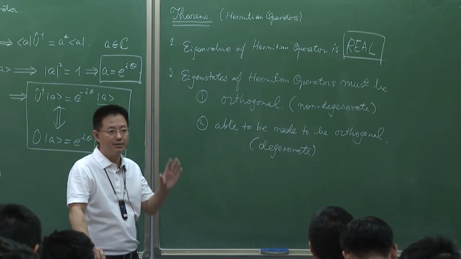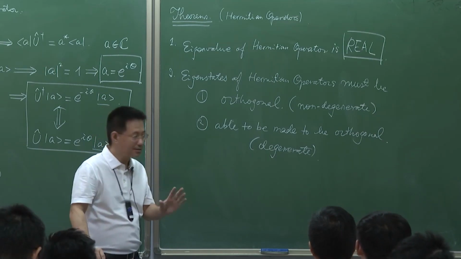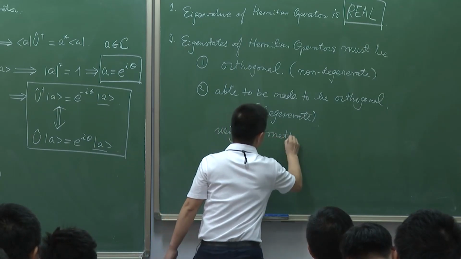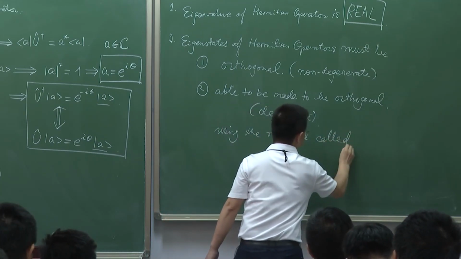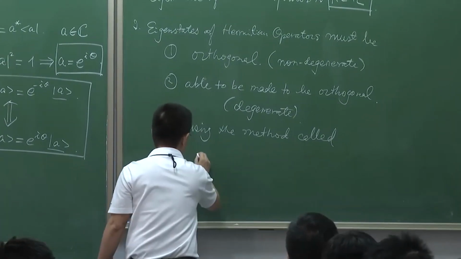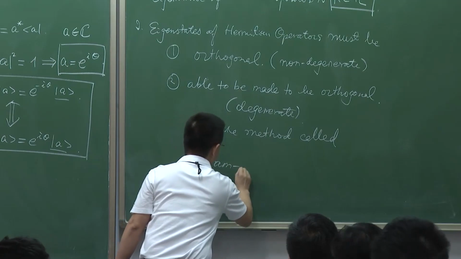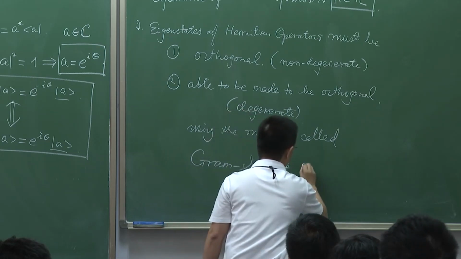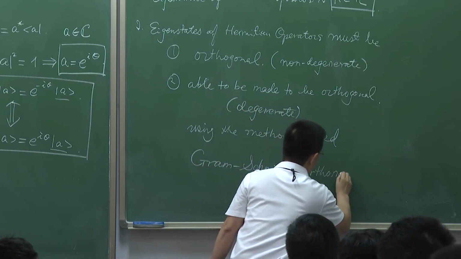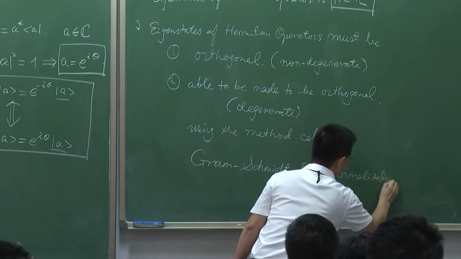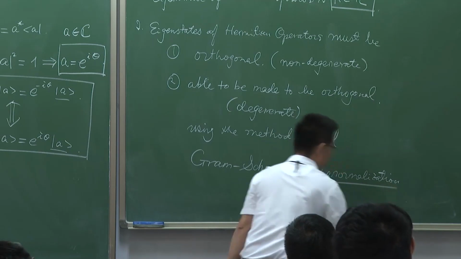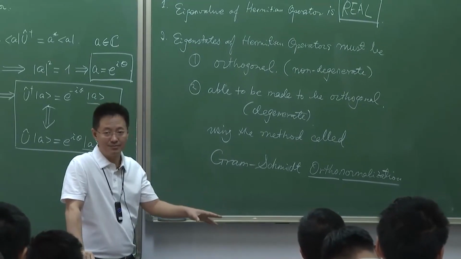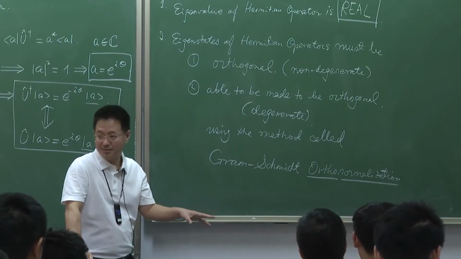And that method to make these eigenstates orthogonal is called the Gram-Schmidt orthonormalization. That means you have two things to do.